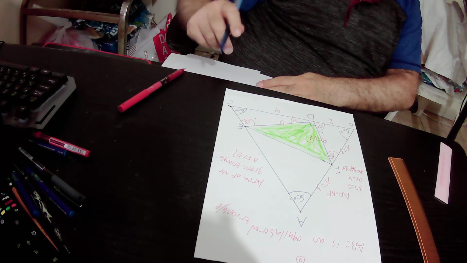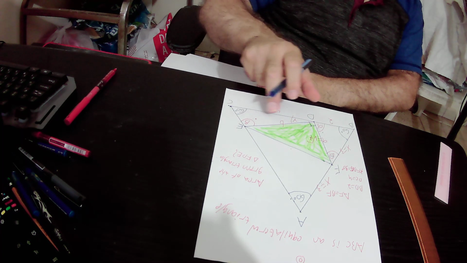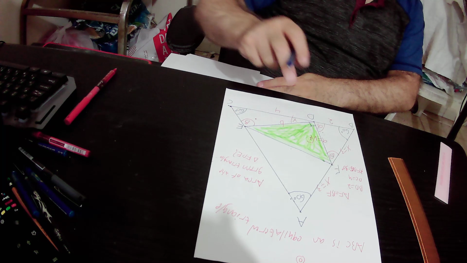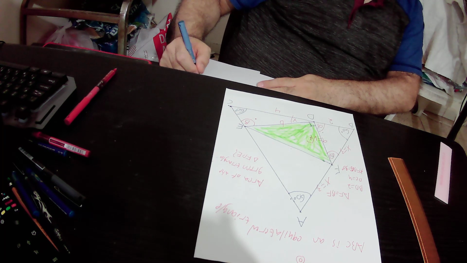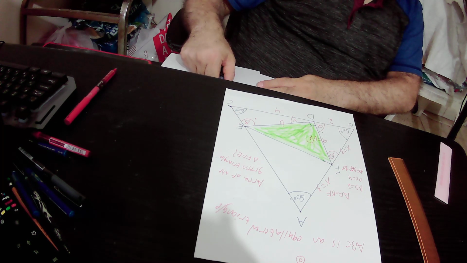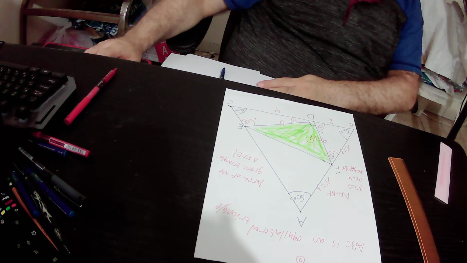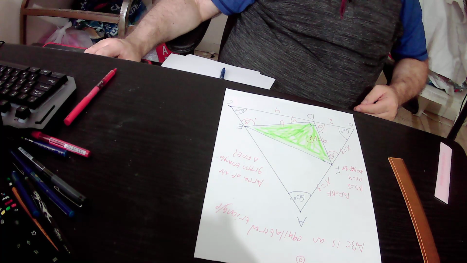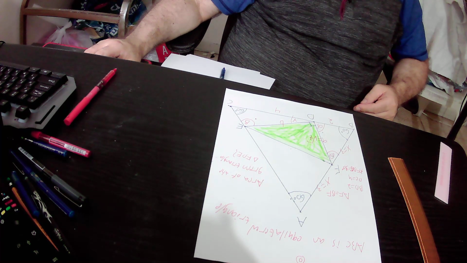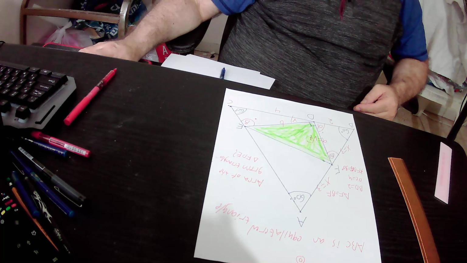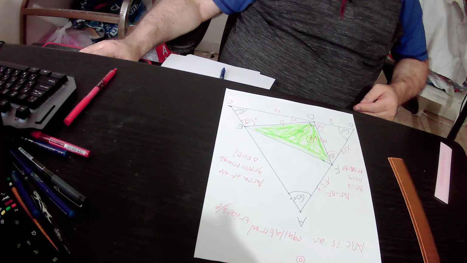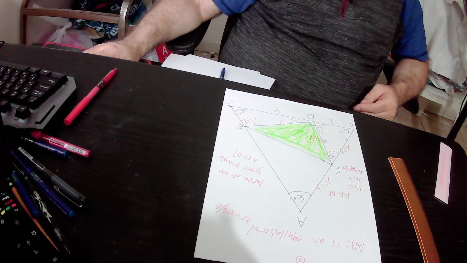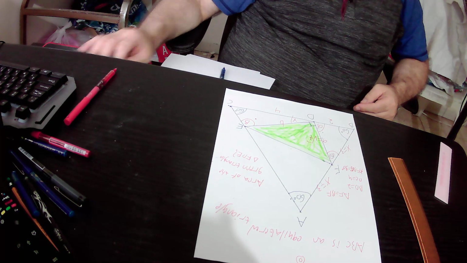So we can write that 5 over 2 times root 7 equals DE, which is B according to our definition, over sine 60 degrees. Sine 60 degrees equals root 3 over 2.